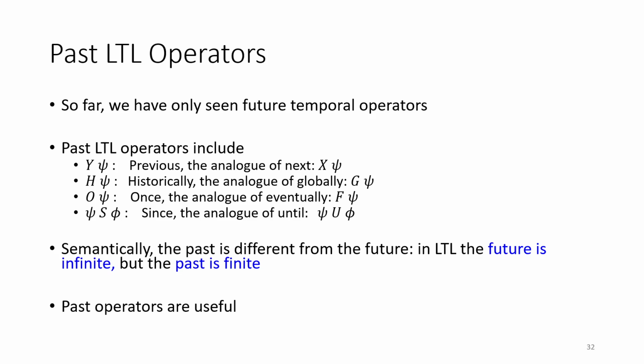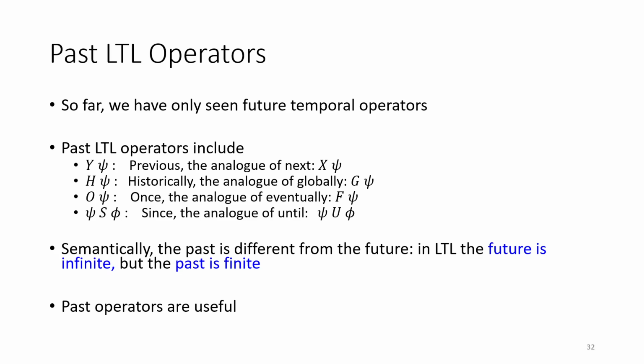If you want to use future operators to analyze something that is only finite, you have to come up with clever ways to define the meaning of future operators on finite histories, which people have done because people want to do runtime verification. That's a big field as well.